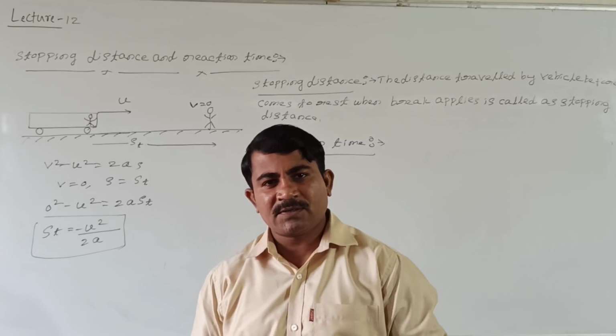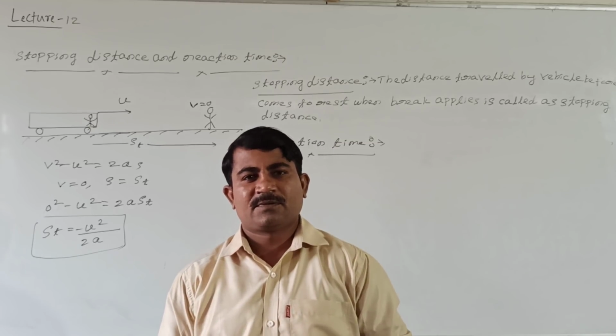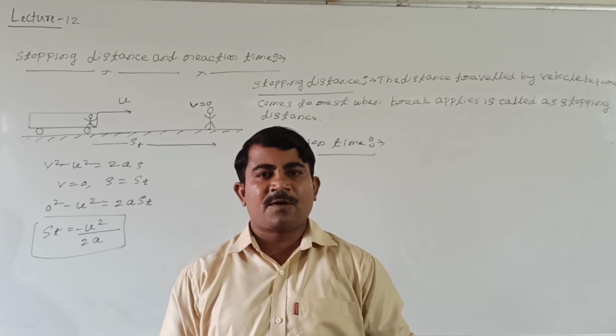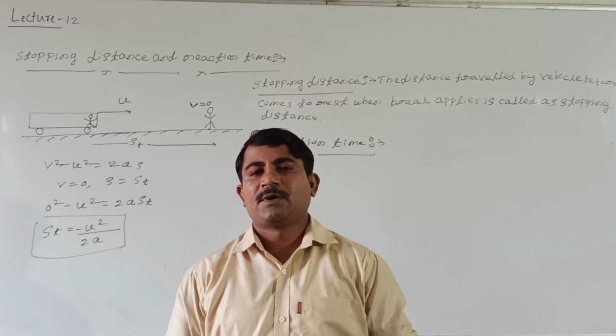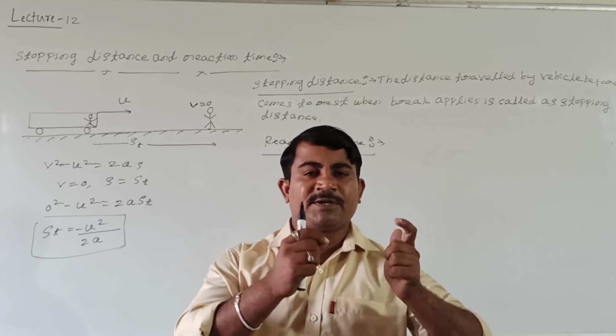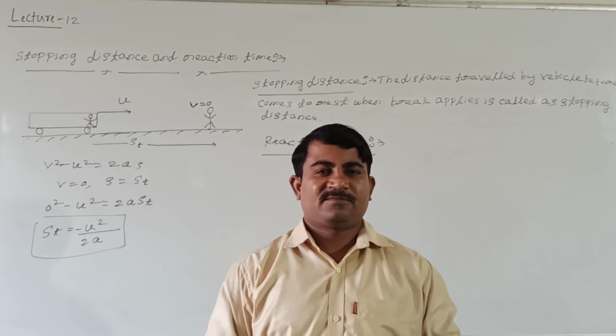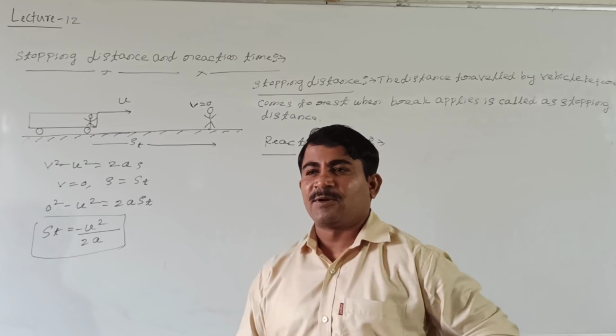Shall I give an example? Consider a person coming inside the classroom. I can observe him and then I can react to him. Between observing and reacting there is some time interval. That time interval we are calling the time of reaction.